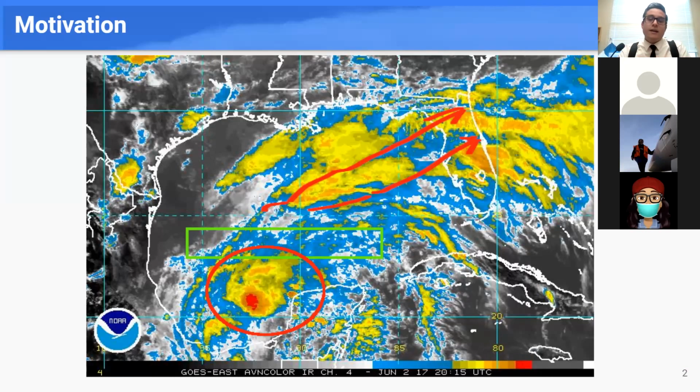The green box that you see in here, and that you will see whenever I show a plot like this one of the satellite IR view, is the experimental domain, the latitude and longitude of where the airborne field campaign happened, this particular mission.